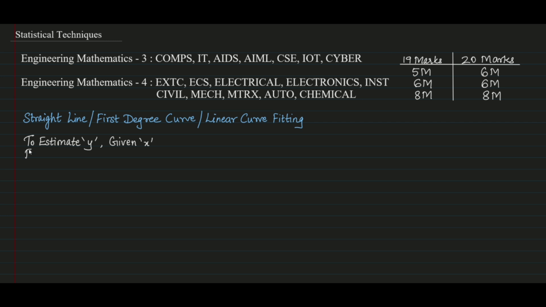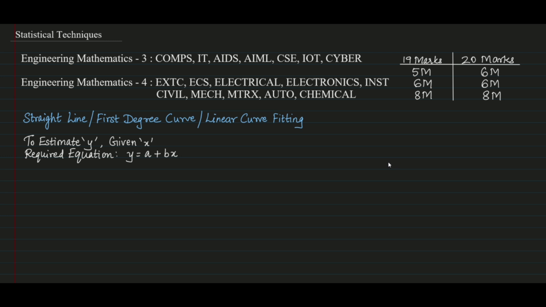For this, the required equation will be y equal to a plus bx. Here a and b are some unknown constants which we will try to find out using the normal equations.